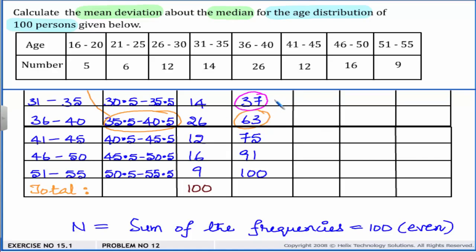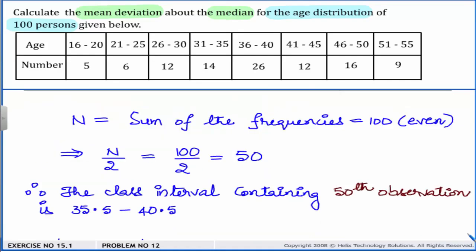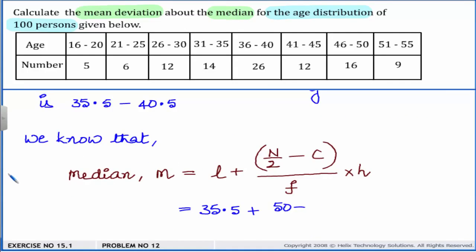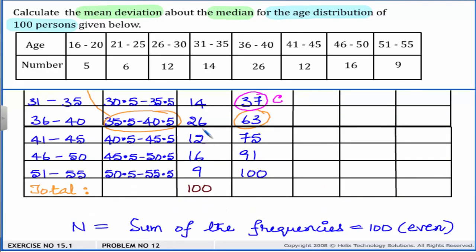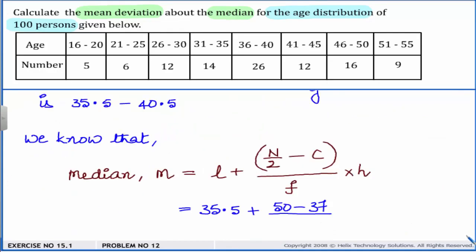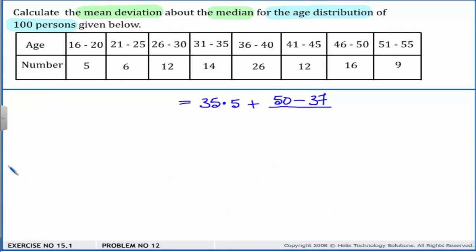So this is the value of capital C. So here we have 50 minus 37 upon frequency f is 26, as you can see here. So let us write it, 26 into the width of the class, that is 5.